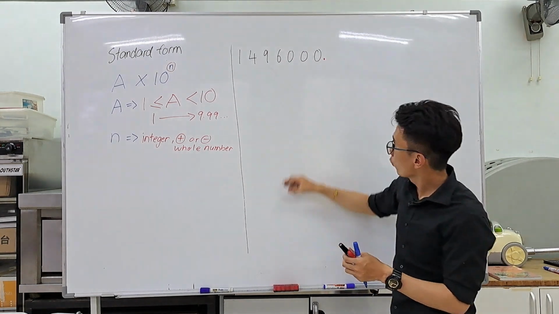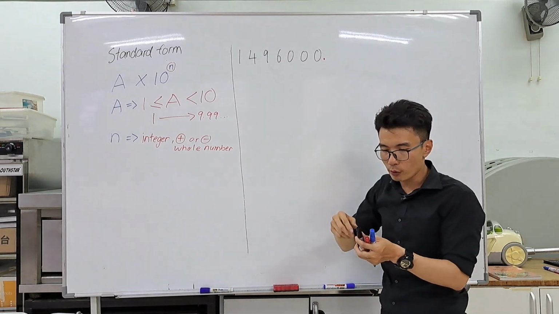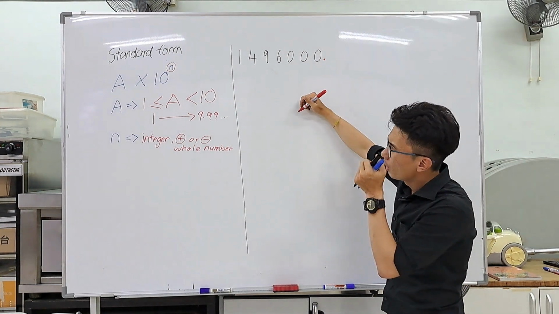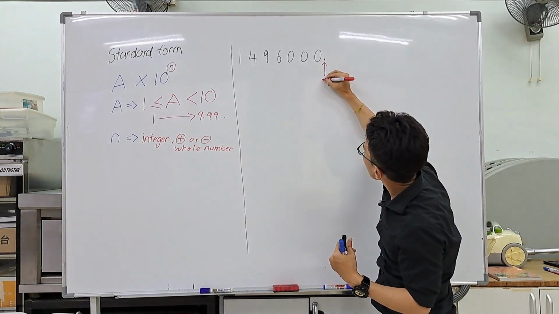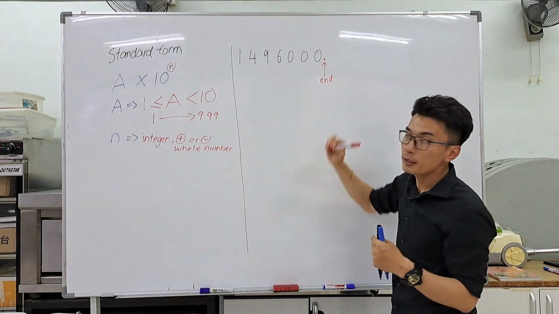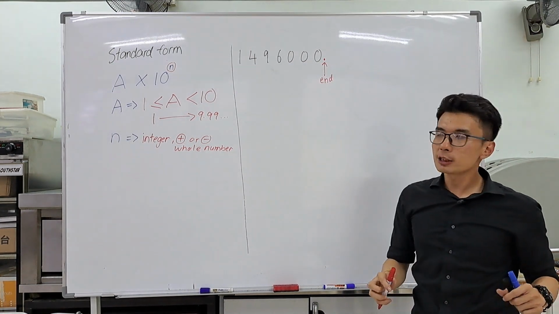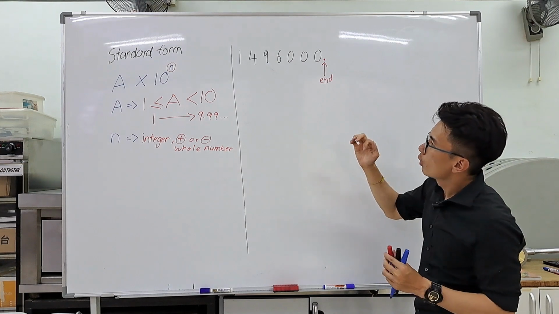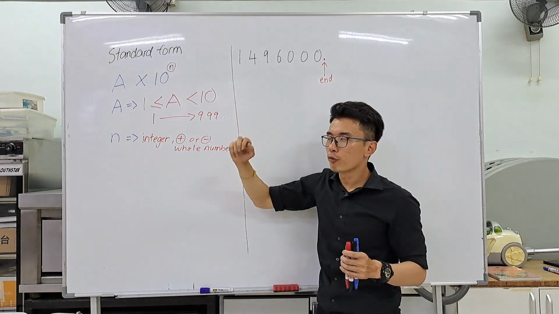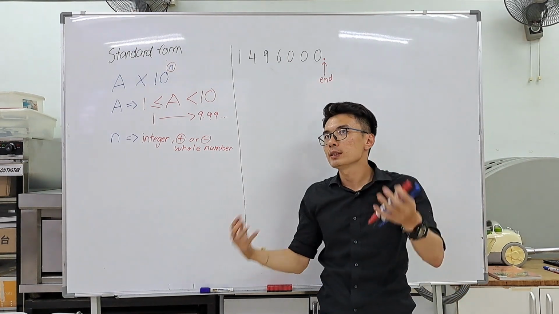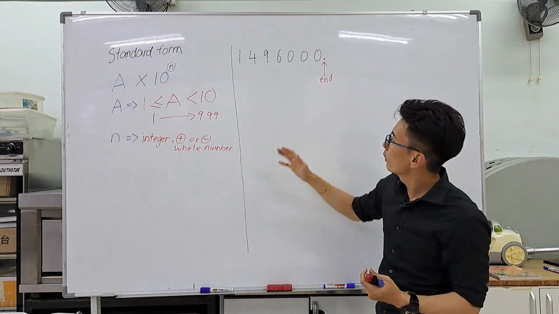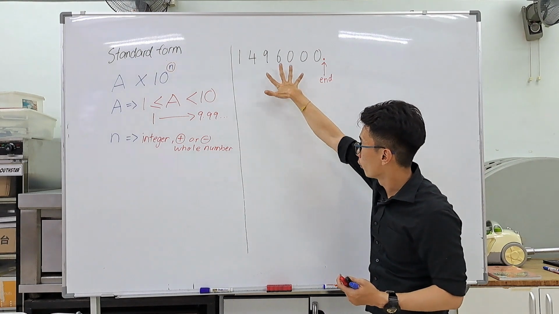All right. So we located the decimal point of the whole number. My way, I would like to call this the n. Now, the next part: if we look at the format of standard form, we want to make this A over here. This A consists of numbers, so I would like to take the numbers from here.